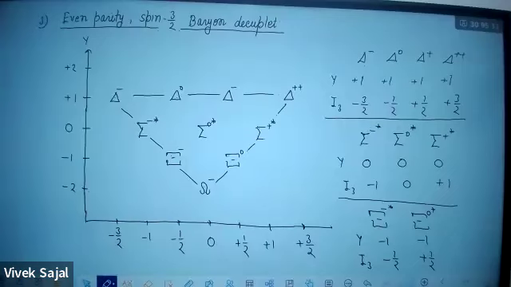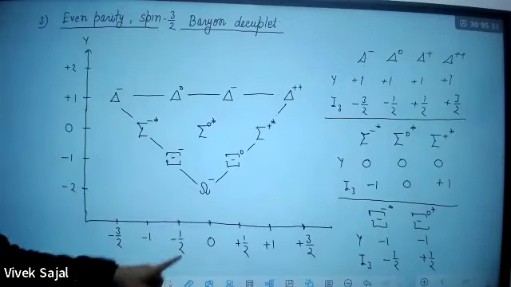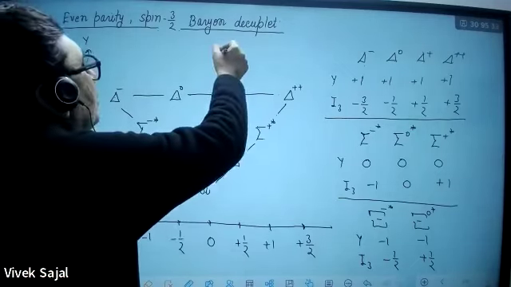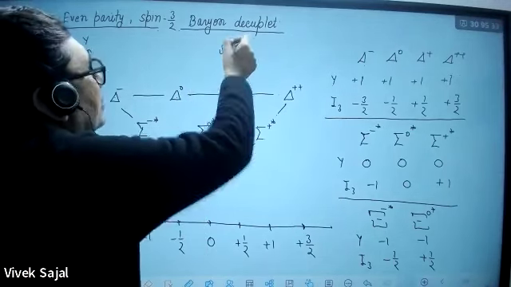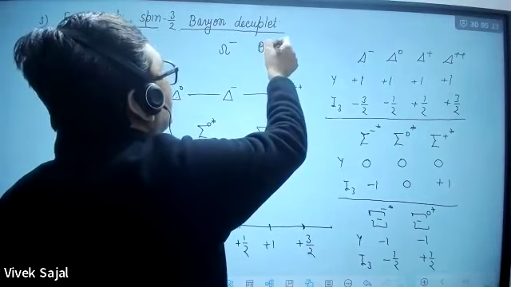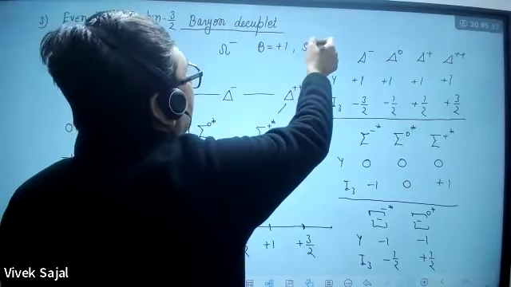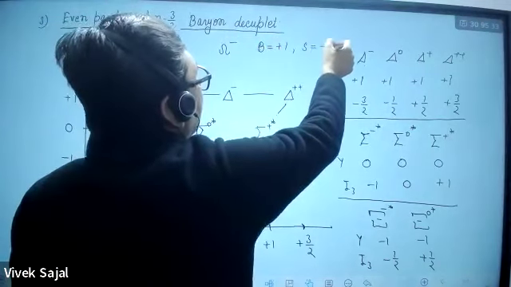Sir, please go again with this omega, how it comes. This omega minus. What is the baryon number? Baryon number is +1. What is the strangeness number? That is -3.